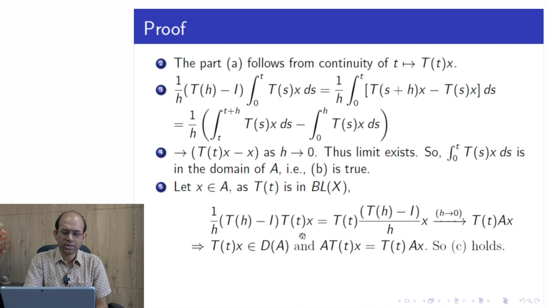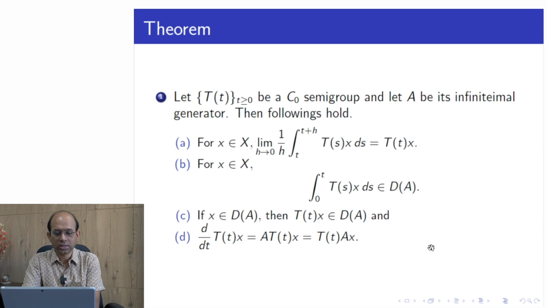It implies that this whole limit converges, so T_t of x is in the domain of A. And not only that, when this limit exists, this left hand side is nothing but A of T_t x. So A of T_t x is equal to the right hand side, that is T_t of Ax. So that is the condition that if x belongs to D(A), then T_t x belongs to D(A). And in the D part also, A T_t x is equal to T_t A x. So this part also we have partly proved.